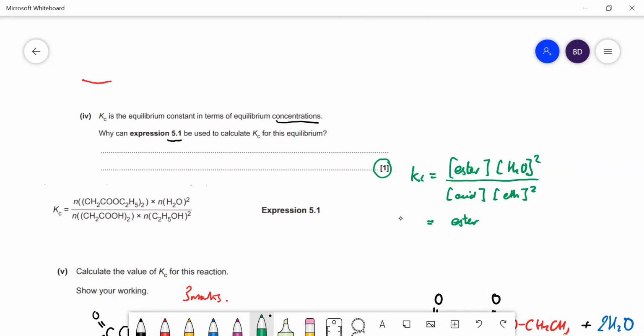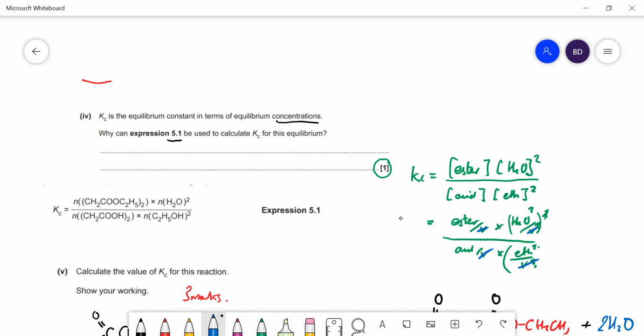So ester, that's the moles of ester, over V, multiplied by the moles of water over V, all squared, divided by the acid over V, multiplied by the ethanol over V, all squared. So if you multiply out those brackets, you're going to get H2O squared over V squared and ethanol squared over V squared. And you can see you're going to have 3 terms of V on the top line and 3 terms of V on the bottom. So all those V's cancel out. So you don't actually need concentrations. You just need the number of moles.